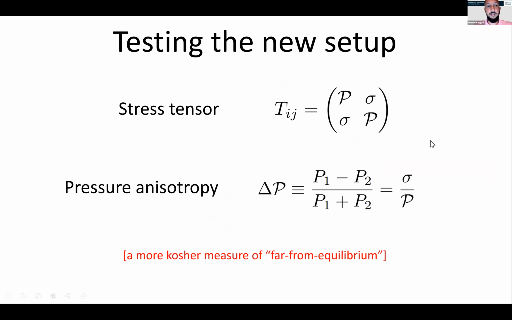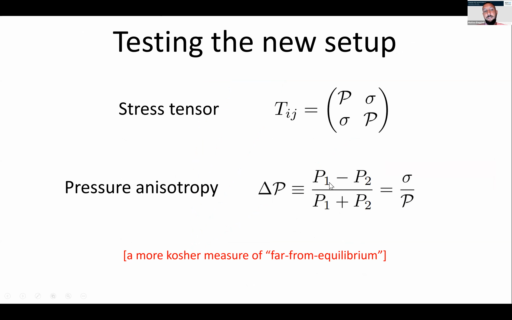Another way to convince yourself that this is true is to do a different computation, which is what people usually do in far from equilibrium hydrodynamics. Instead of considering our stress tensor, which is off diagonal, you can consider the pressure anisotropy. At least in our setup, you can diagonalize this matrix and find the difference between the pressure in the two directions, normalized by the sum.